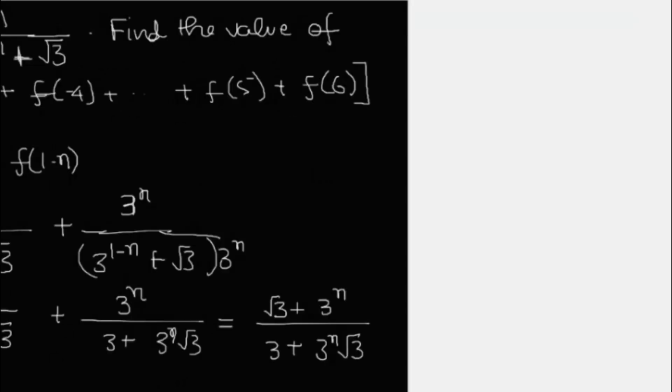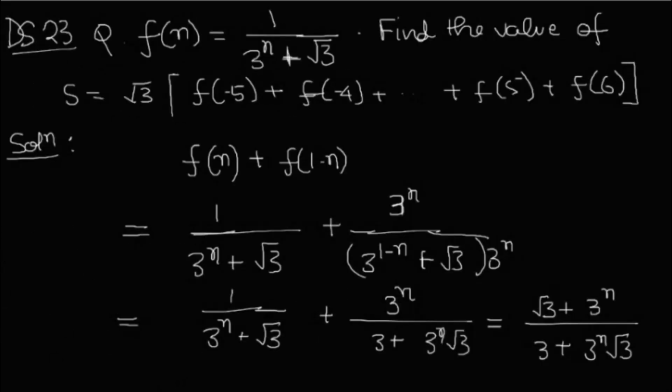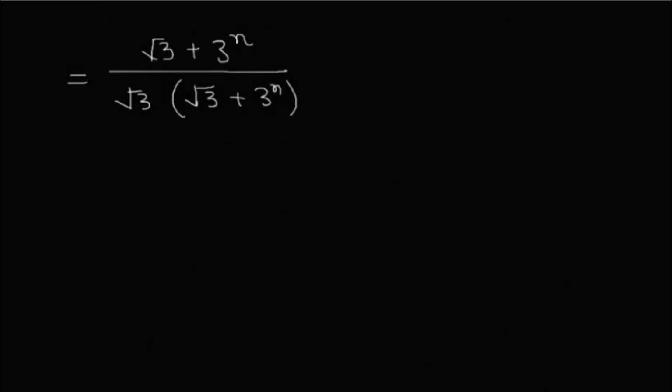So what I did is take root 3 common from here, you will end up with 3 to the power n plus root 3, and you can cancel that out, and you end up with this beautiful result which says that this value is always 1 by root 3. You can cancel it because obviously it's positive.